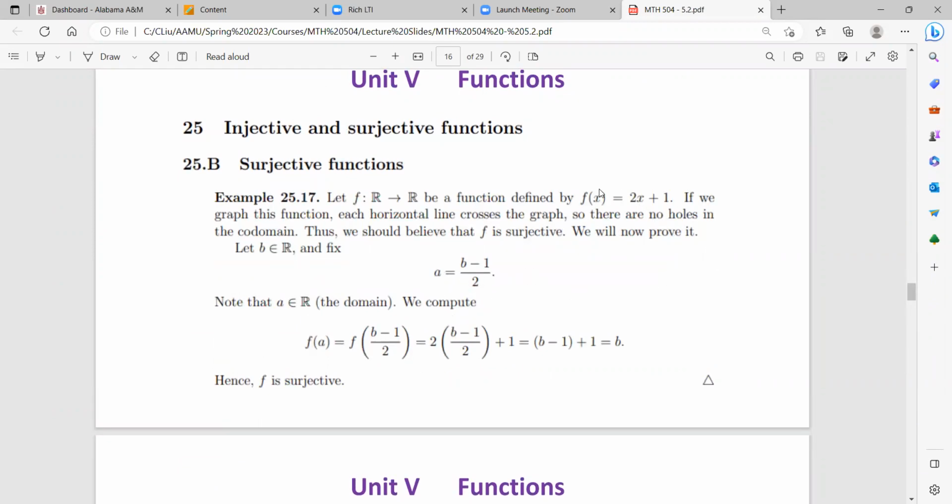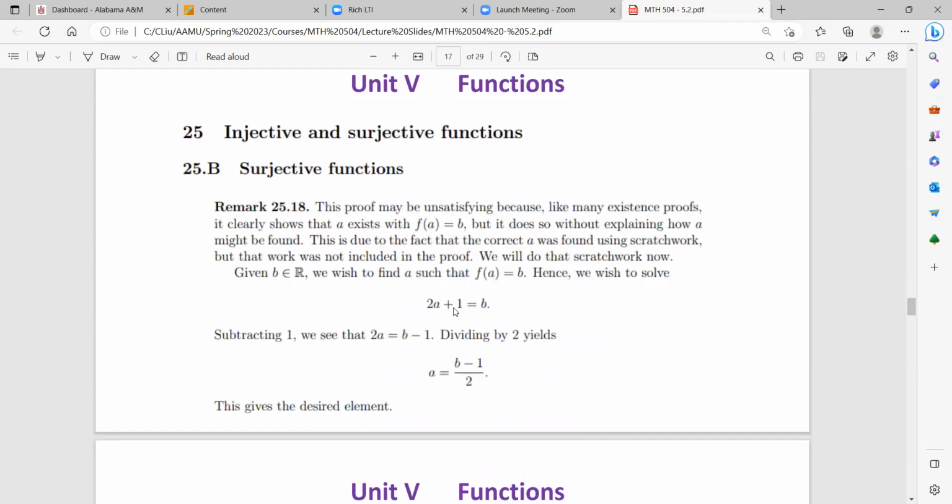That's pretty easy. If you set f of x equal to b and then solve for x, that will give you a, because that's what you want: you want f of a equal to b. So that means b equals 2a plus 1. And you solve for a easily by subtracting 1 and dividing by 2. So a equals (b minus 1) over 2.